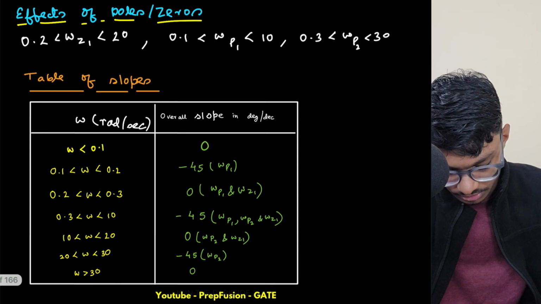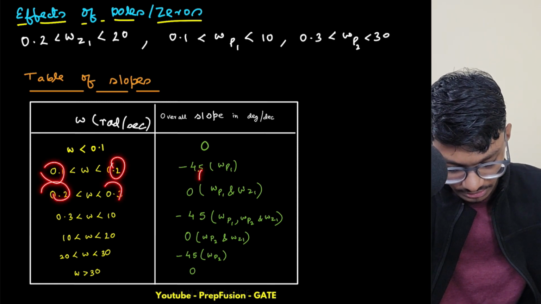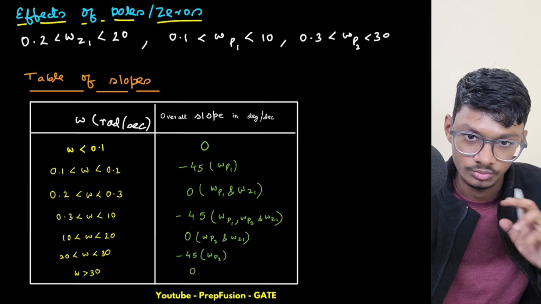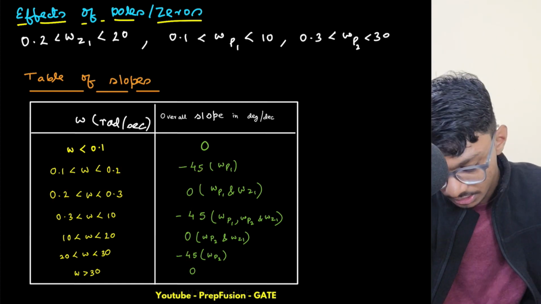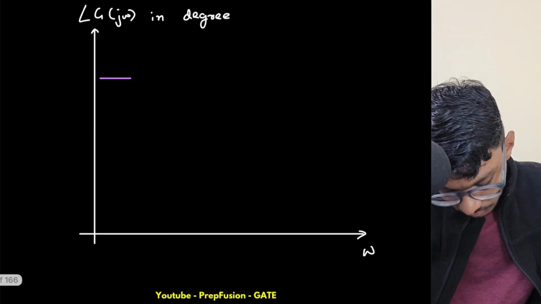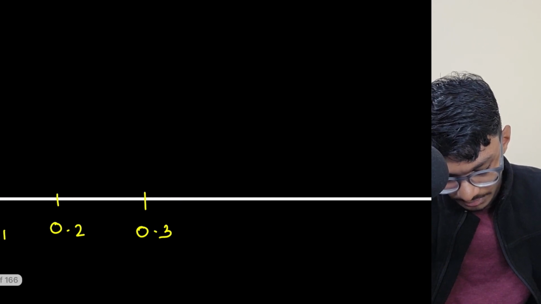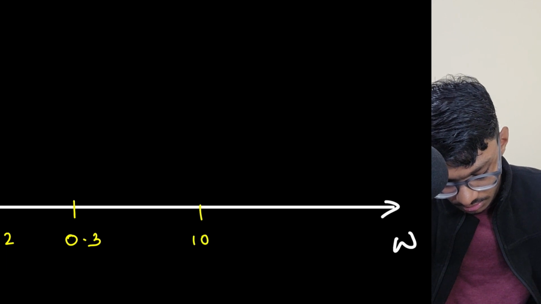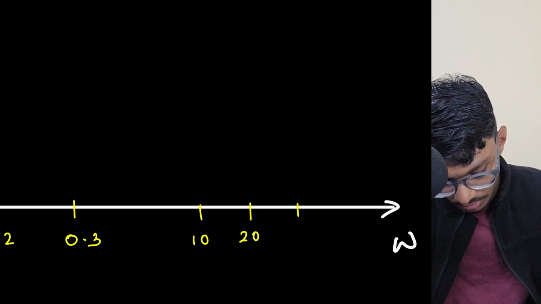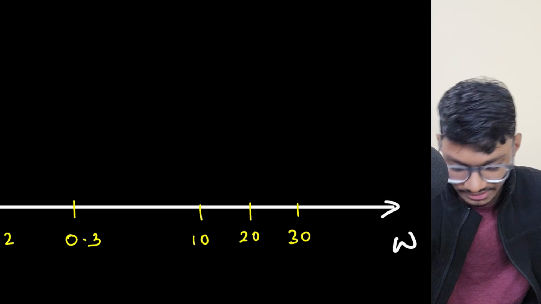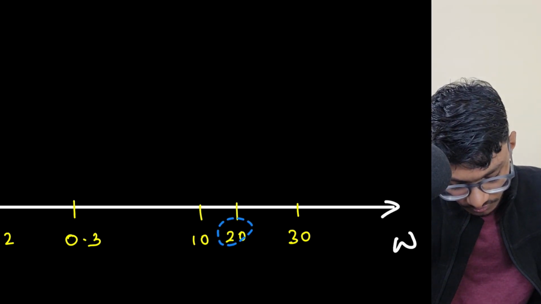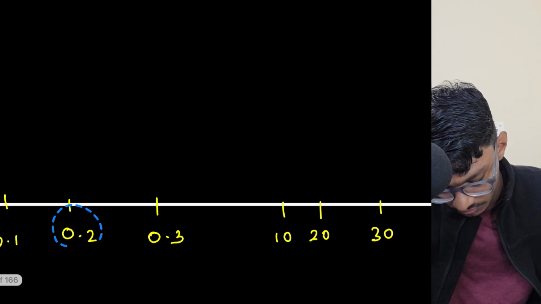These are the important points: 0.1, 0.2, 0.3, then 10, 20 and 30, because at these points the slope changes. Okay, these are not linearly scaled, because this will be somewhat closer to this, and this will also be somewhat closer to this.